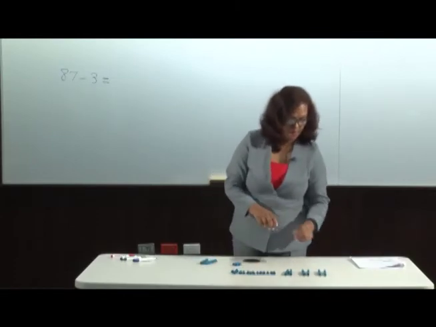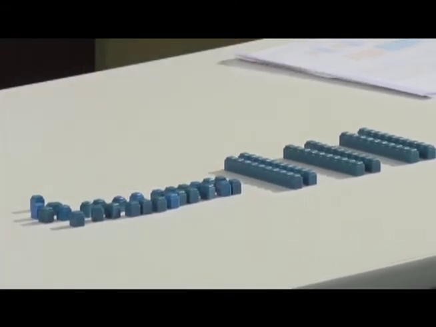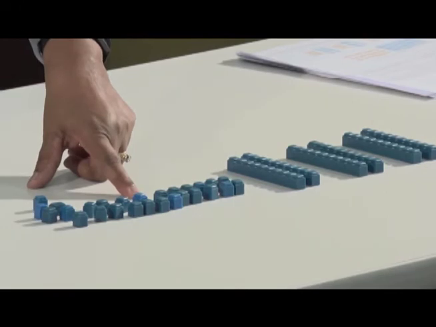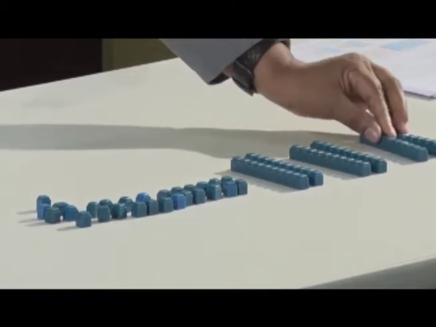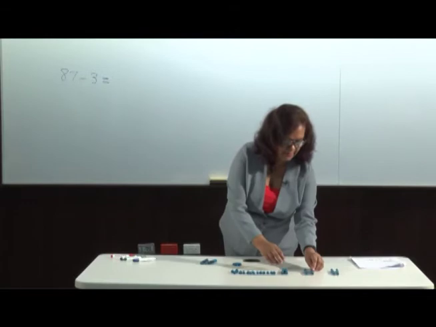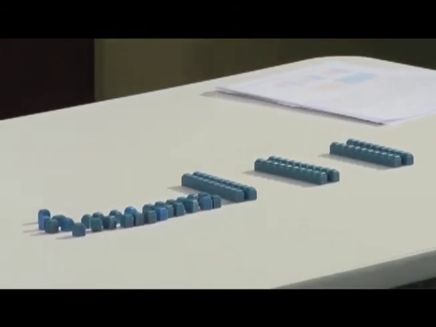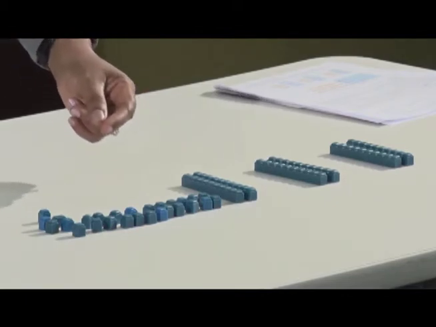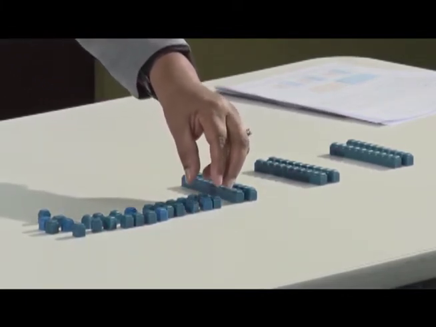So I now have 6 rods and I have 27 1s. Can I now divide this by 3? Certainly. I already have these rods divided. I have them in 3 groups. I have 27 here, and we know that 27 can be divided by 3. So in each set, I will get 9 when I divide 27 by 3.